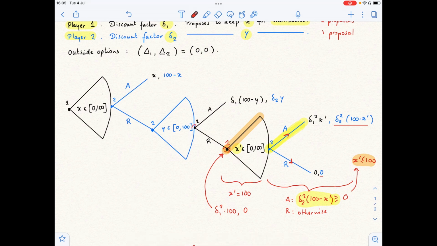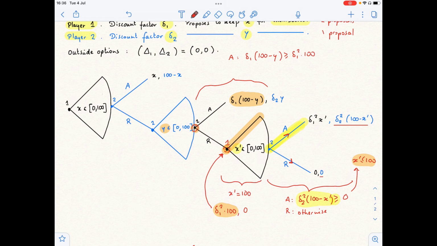If we move up the game tree again, and we consider the decision of player 1 at this decision node, player 1 has received the offer y by player 2, and they have to decide between accepting and rejecting, right? And here they're going to have a similar decision rule. They're going to accept as long as this payoff here is greater or equal than this payoff here, right? So here the decision rule of player 1 is going to be accept as long as delta 1 times 100 minus y is greater or equal than delta 1 squared times 100, right?